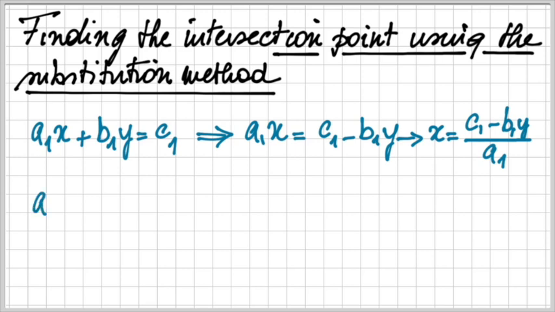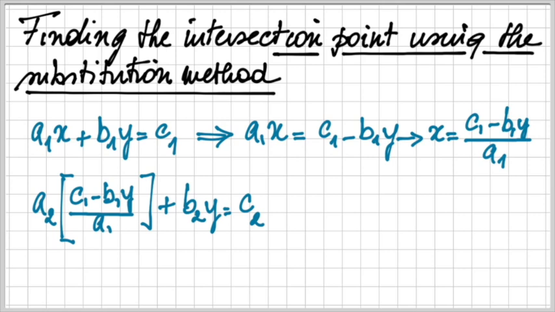What we do with this is replace this value of x in the second equation. So we say a2 times (c1 minus b1 times y divided by a1), plus b2y is equal to c2. We see that we only have y as an unknown in this equation.